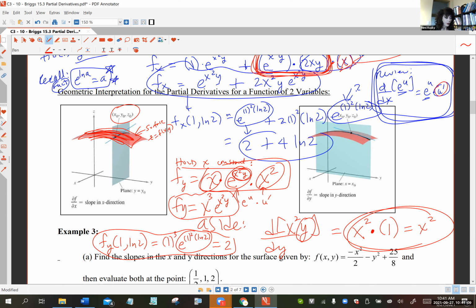It's an ordered triple. If you were standing on that surface, pretend it's like a mountain, and you were looking in the direction of the positive x-axis, the slope of the mountain in that direction would be df dx, your first partial of f with respect to x.